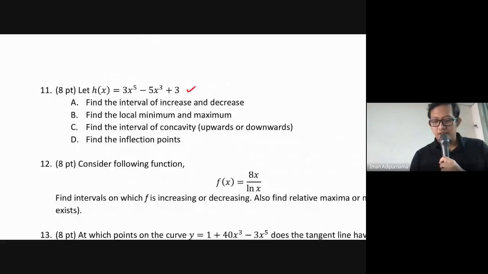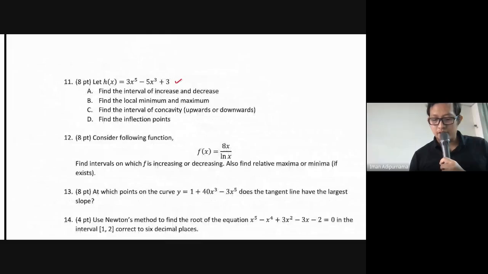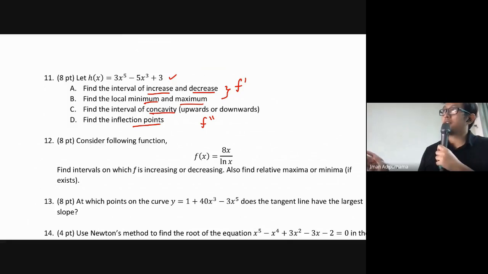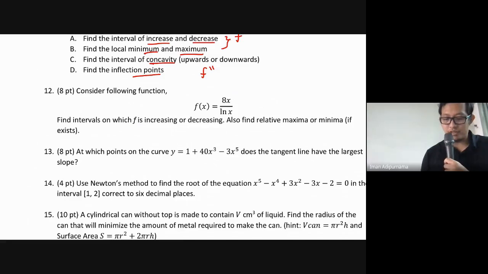But the idea is that finding increasing, decreasing, max, and min basically uses f prime. Concavity and inflection points use f double prime. So you need to find both and then check whether it's greater than 0 or less than 0. Okay, and then you can get increasing, decreasing, concavity, and inflection points.